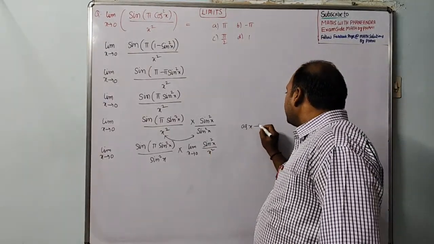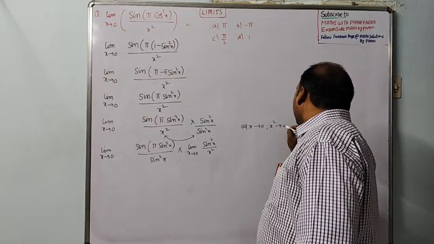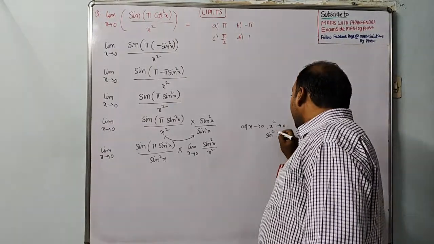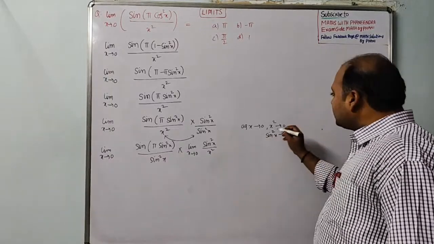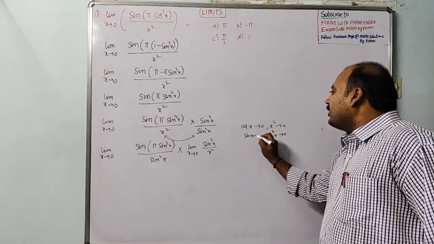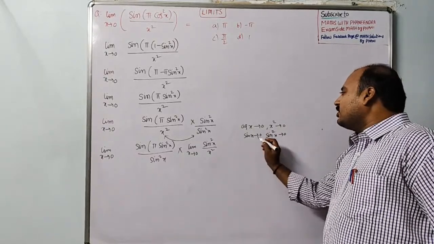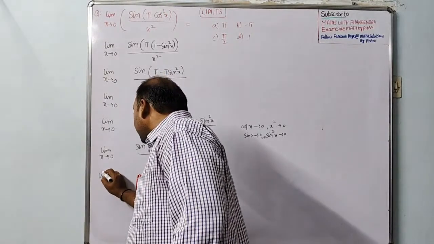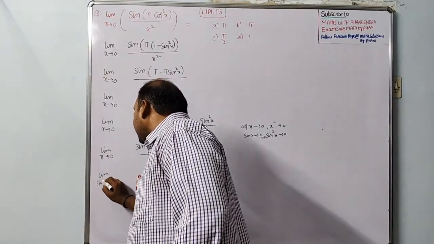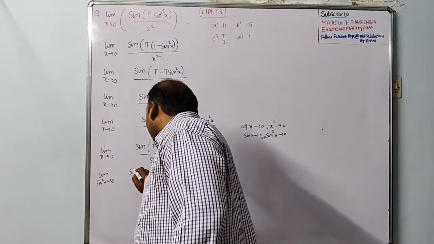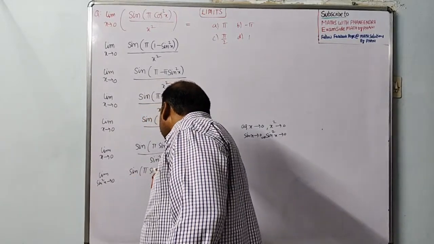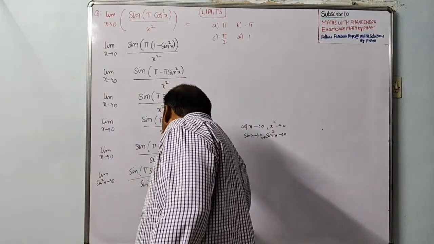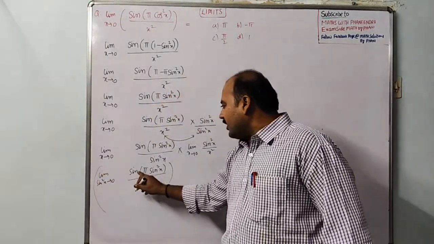As x tends to 0, x square tends to 0, and sine square x also tends to 0. Why? Because sin x tends to sin 0, which is 0 only, so sin square x obviously tends to 0. So for the first limit, sin square x tends to 0, and sin of pi sin square x by sin square x is in the form of limit x tends to 0 sin ax by x.